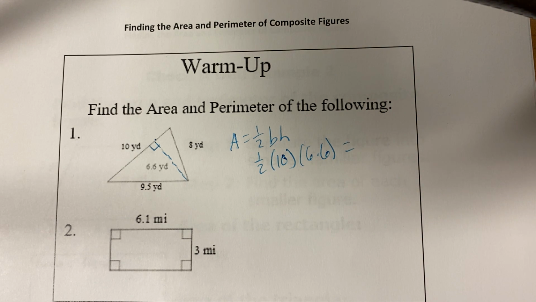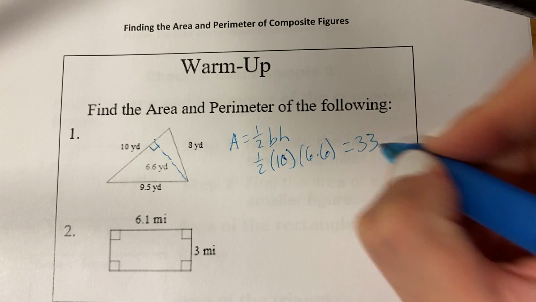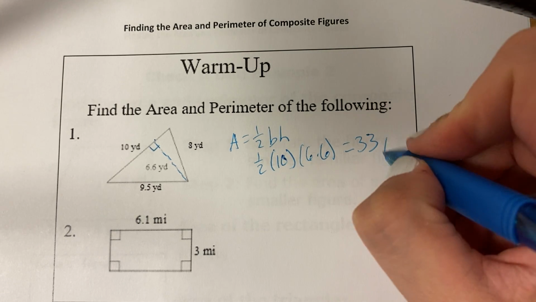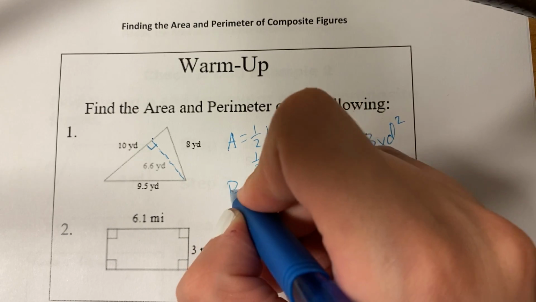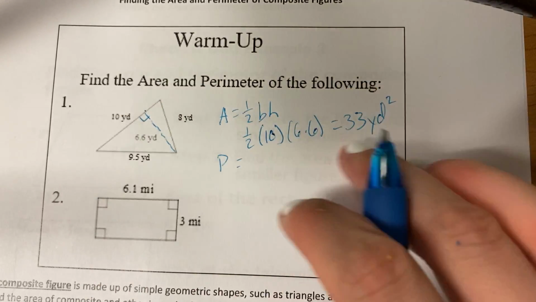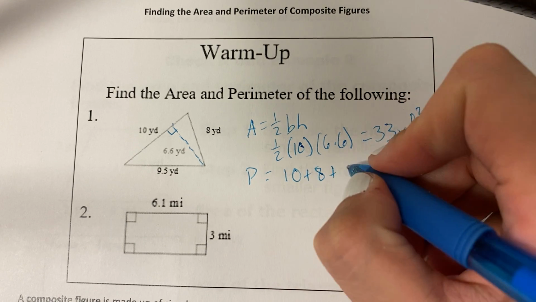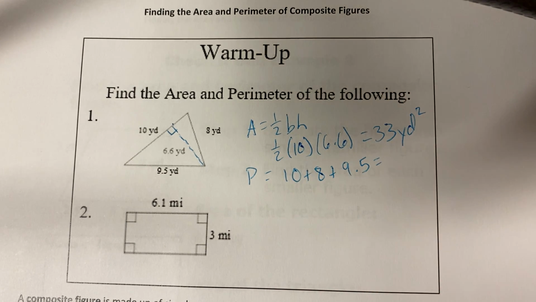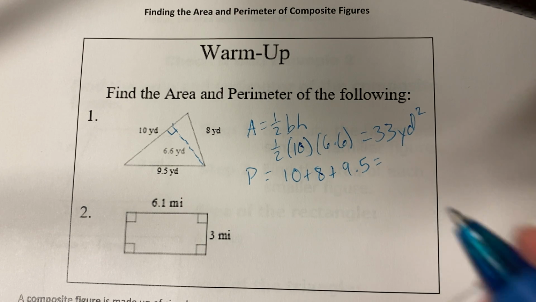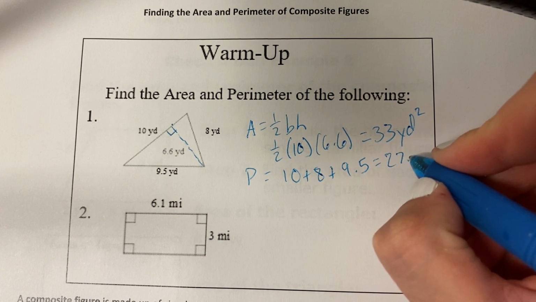That's 10 times 6.6 divided by 2, which is 33 yards squared. And for the perimeter, we just add all of the distance around together. So 10 plus 8 plus 9.5 equals 27.5 yards.